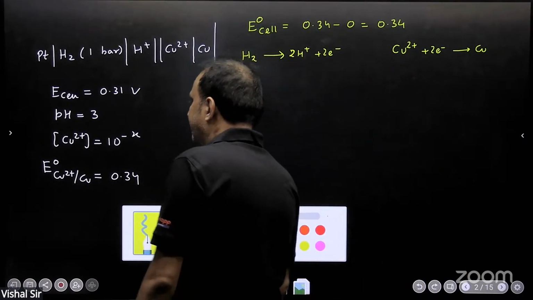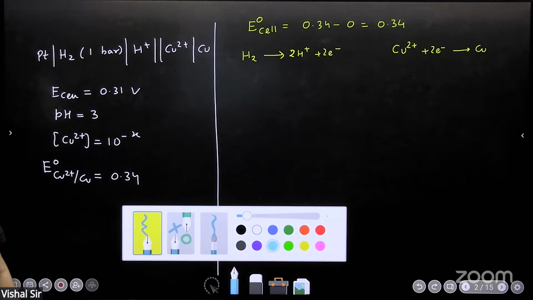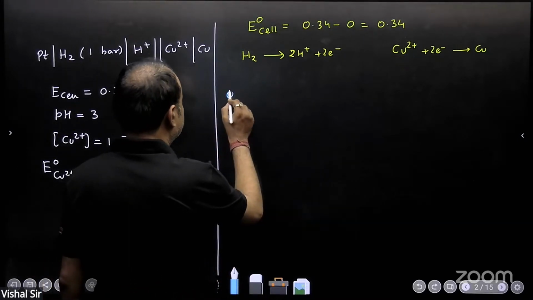Now let's apply Nernst. E cell is already given to us, 0.31 volts.